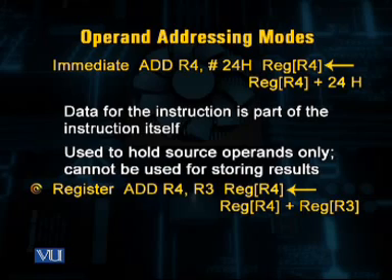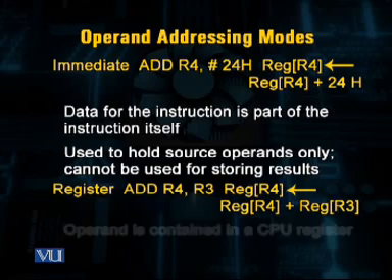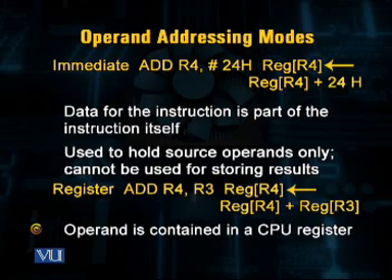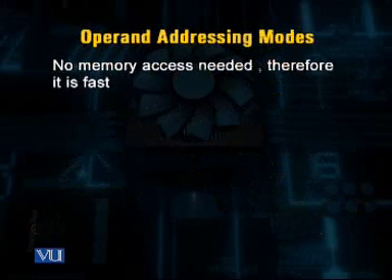It can be written in the register transfer language as register R4 receiving its value as the sum of the contents of register R4 and the register R3. So here both the operands are contained inside the CPU and no memory access is required.